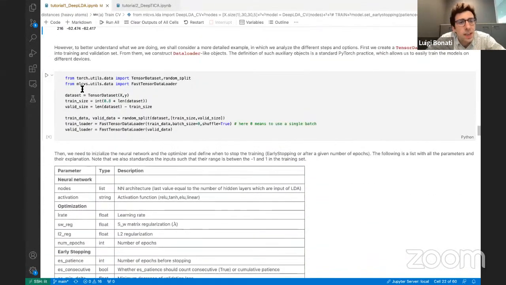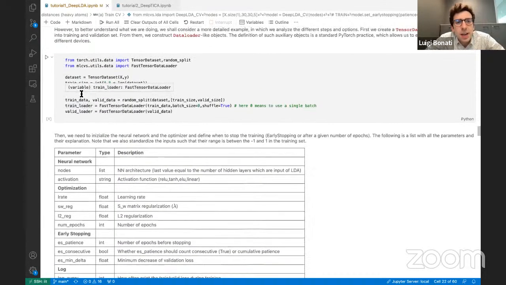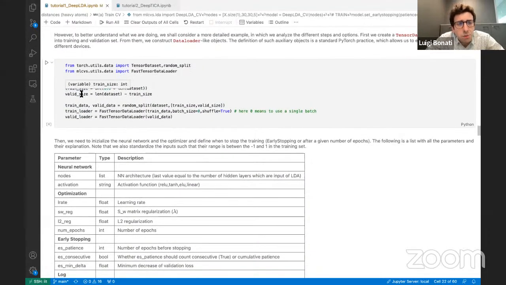Of course, we can take control of all the different ingredients. Typically, in PyTorch, it's customary to use what are called data loaders, which are utility functions that automatically take care of taking some batch of data and shuffling them.